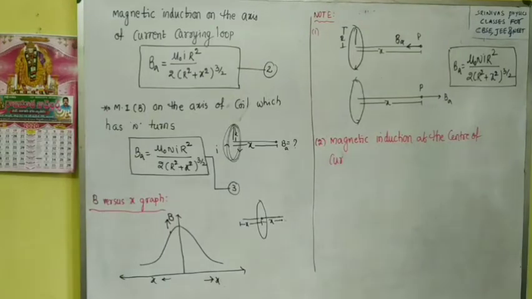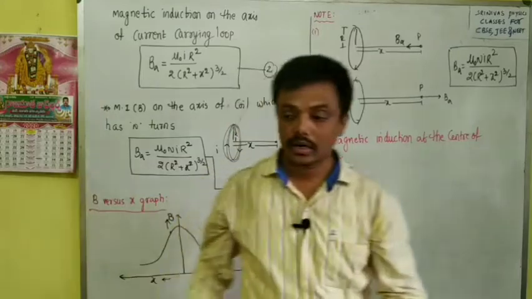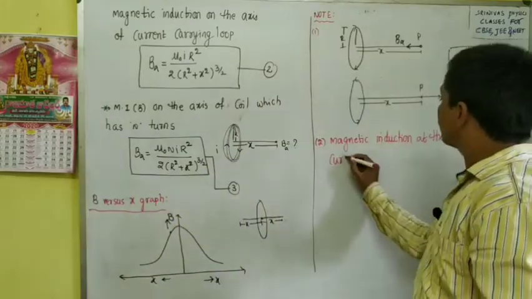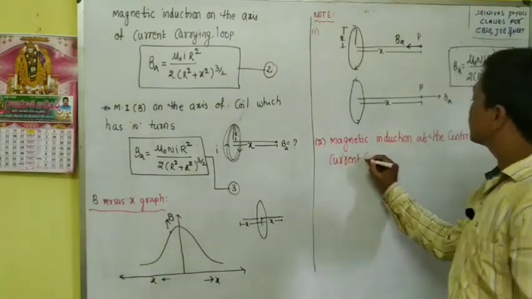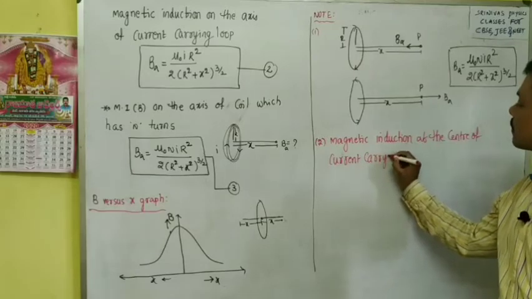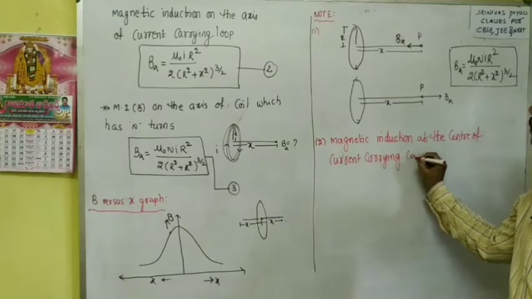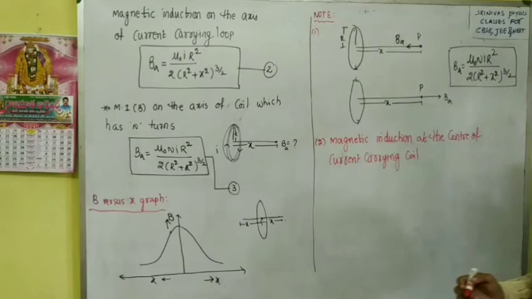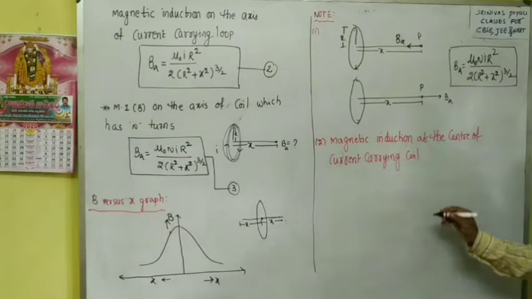Then how to find out? Let us see how to find out the magnetic induction at the center of a current carrying coil. Look at here.